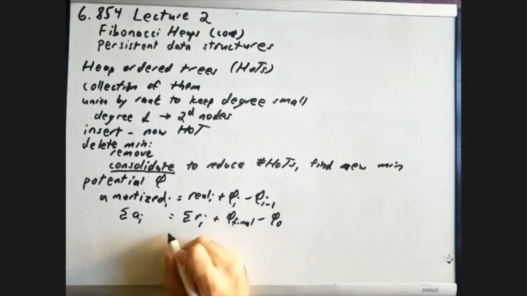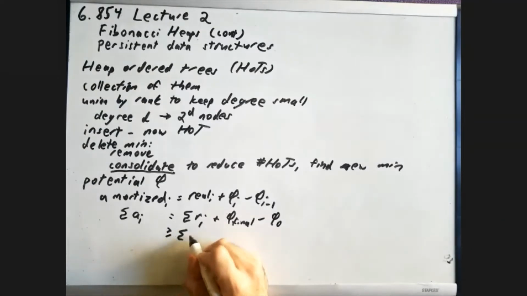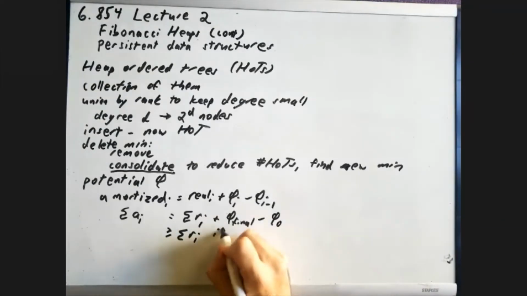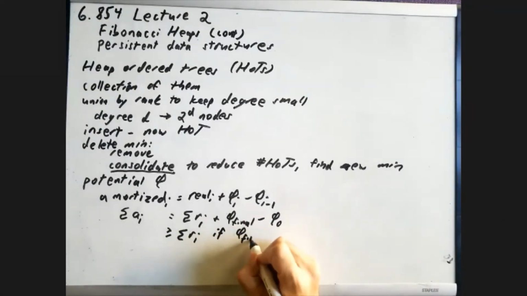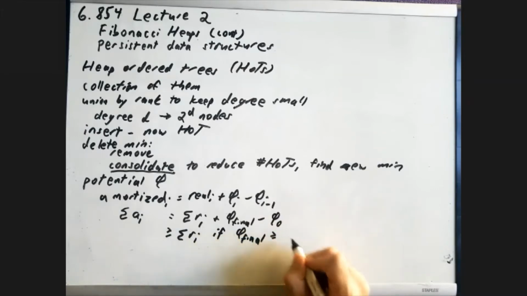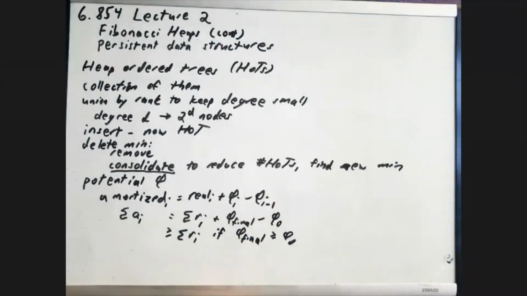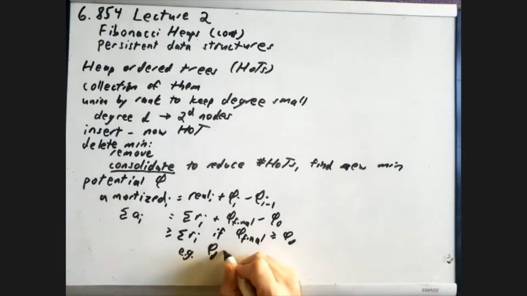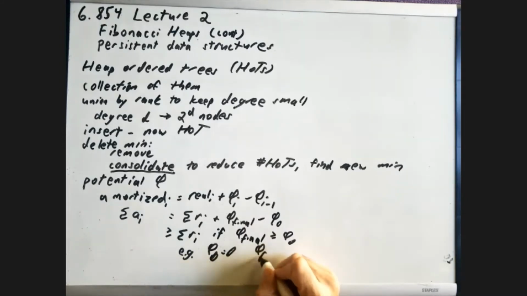And that means that it is greater than the sum of the real costs if the final potential is larger than the initial potential. For example, if the initial potential is 0 and the final potential is greater than or equal to 0.